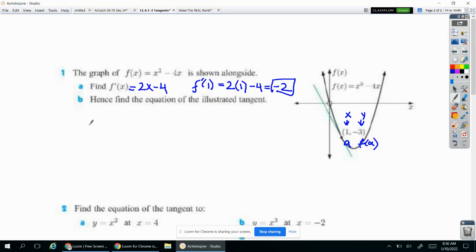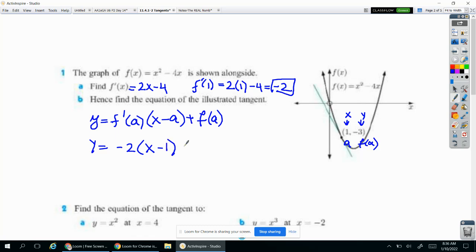So now let's find the equation. So here's the equation, y equals, so remember what the formula says, that's f prime of a times x minus a plus f of a. So let's substitute: y equals f prime of a, that's negative 2, times x minus a, so a is 1, and then plus the y coordinate, negative 3.